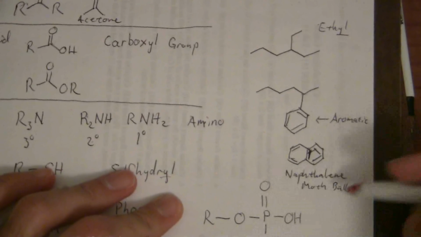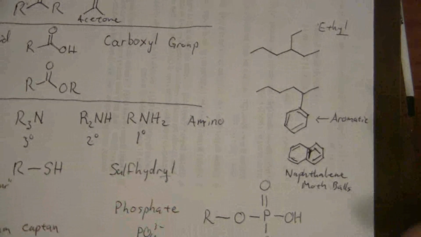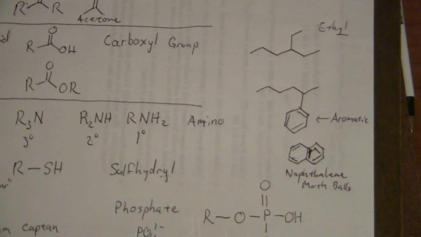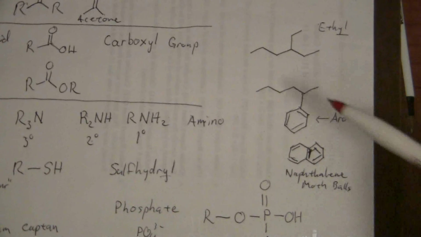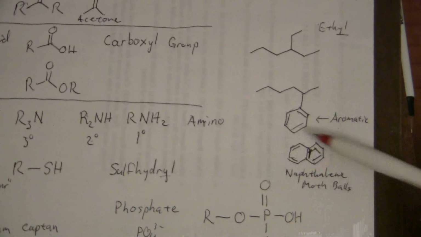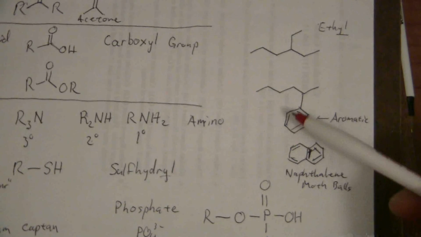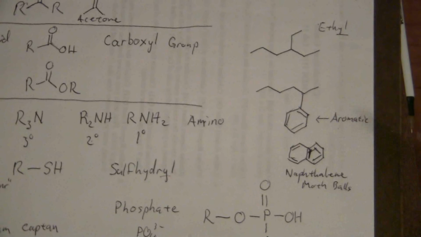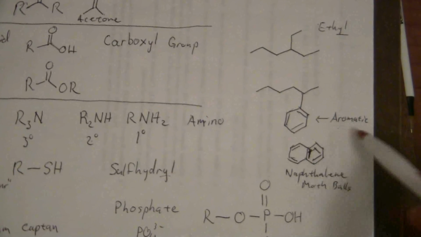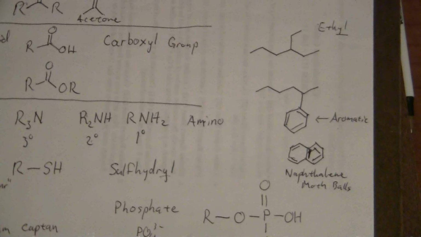All right, so if you're familiar with mothballs, you know that they have a very definite aroma, and that's why these rings, six-membered rings with those three double bonds, have been called aromatic, because they're often in compounds that have an aroma. Okay, so just be able to recognize those.